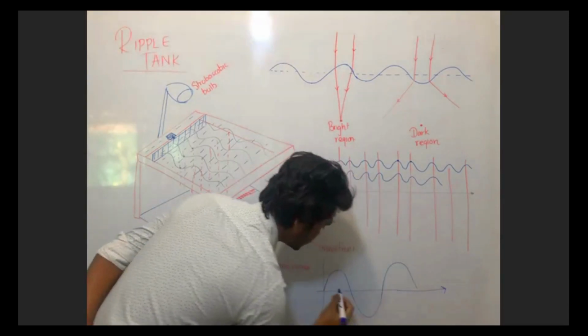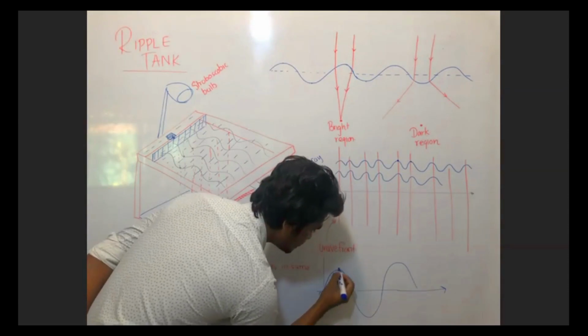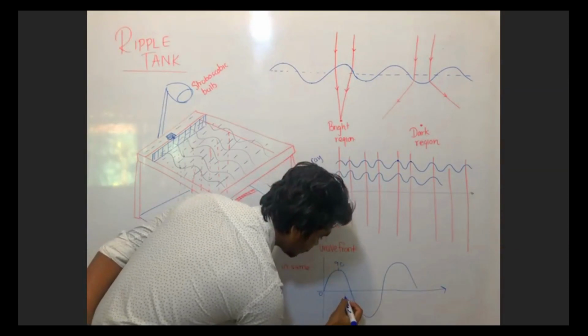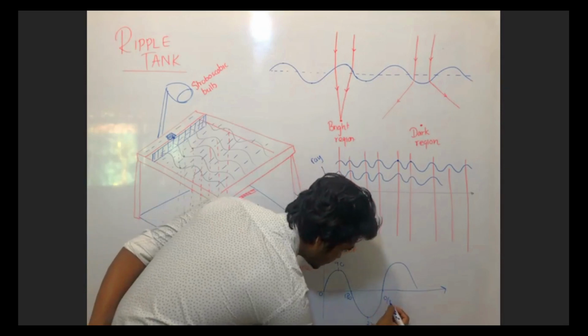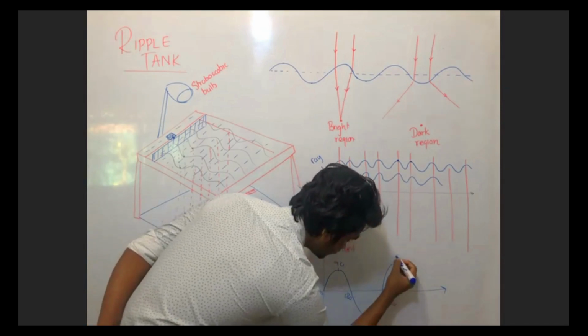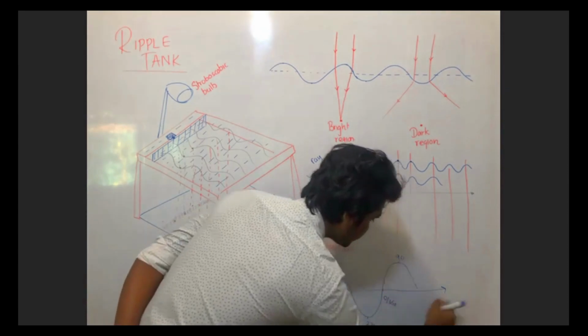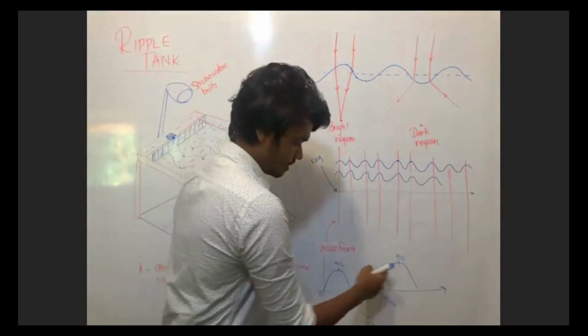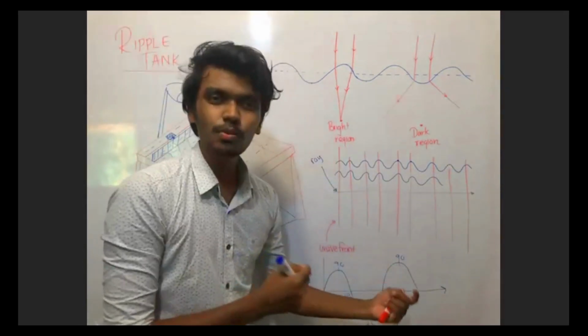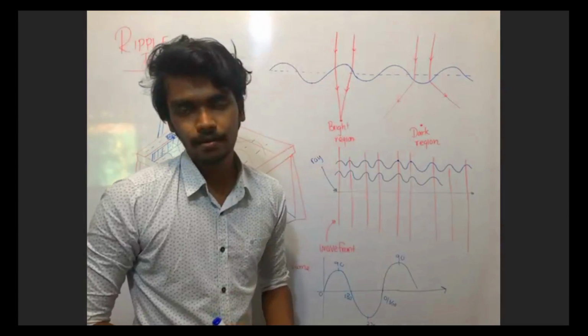So this is 0 phase, 90, 180, 270, 360, once again 90, once again 180, likewise it repeats. We have discussed this. Those two points are in the same phase.